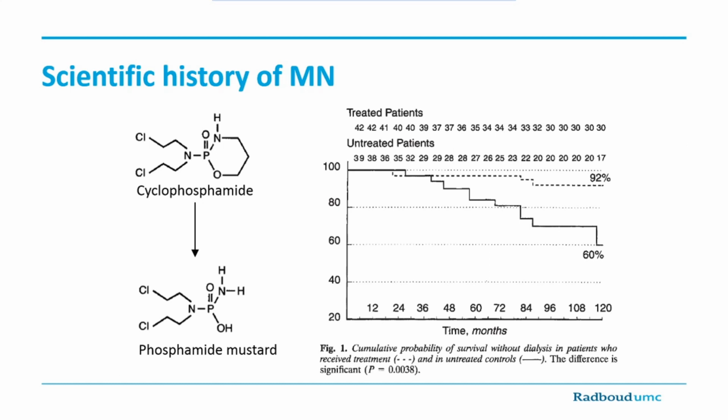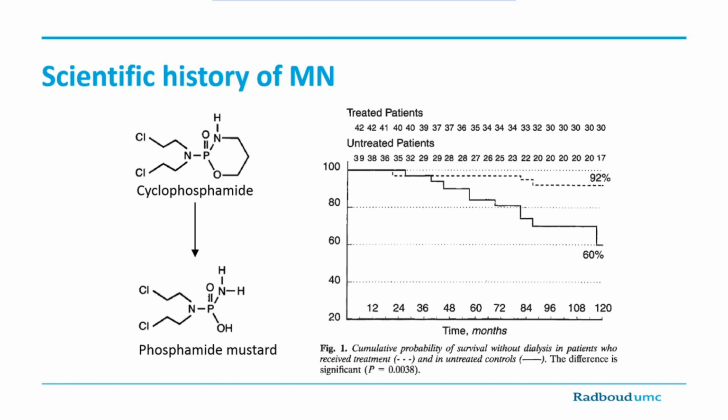So as you can see on the left hand side here, cyclophosphamide is converted into phosphoramide mustard in the body. Now, phosphoramide mustard is the active component that actually is a cytotoxic component. And this was discovered, in fact, at the start of the 20th century. In the First World War, a lot of mustard gas was deployed at the Western Front, particularly in Belgium and northern France.